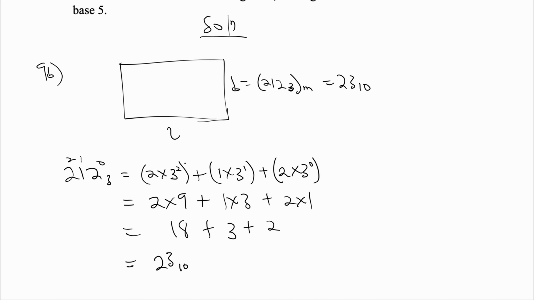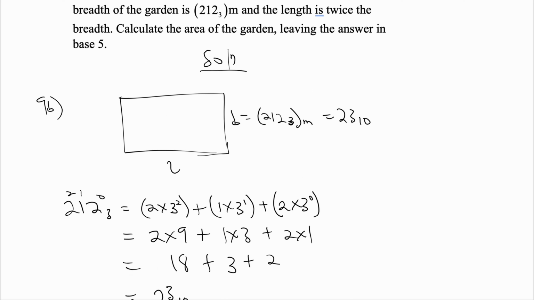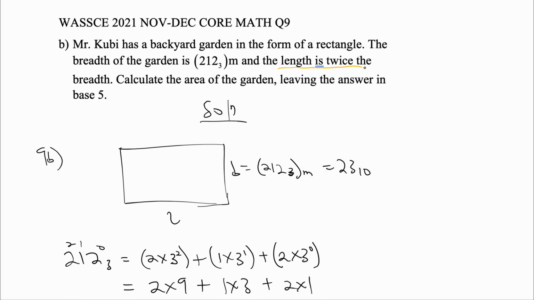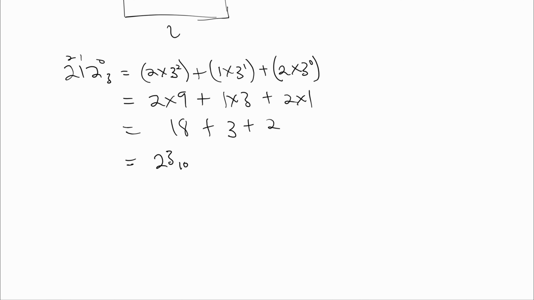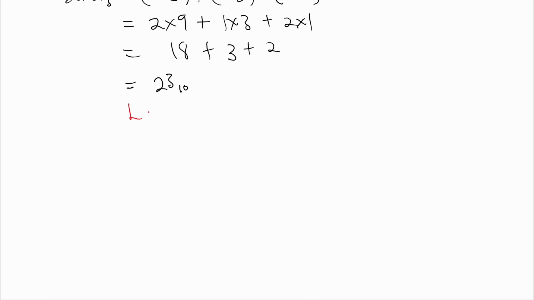It means the length is twice the breadth. So L is equal to 2 times B. So we can say that L is equal to 2 times 23, which is equal to 46 in base 10.